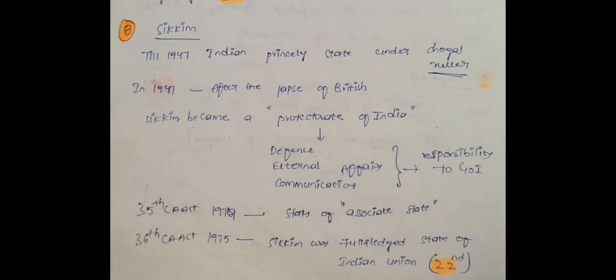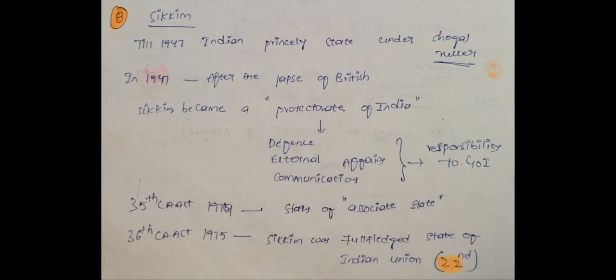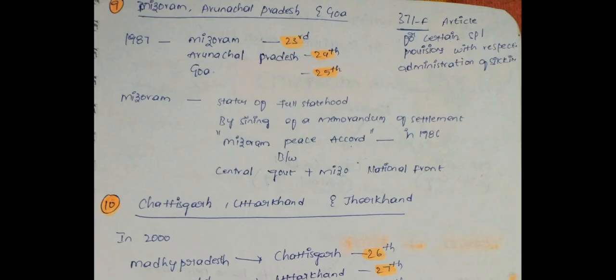Remaining powers were with the state. According to the 35th Constitutional Amendment Act 1974, Sikkim got the status of an associate state. At last, by the 36th Constitutional Amendment Act 1975, Sikkim became a full-fledged state of the Indian Union, the 22nd state of India.